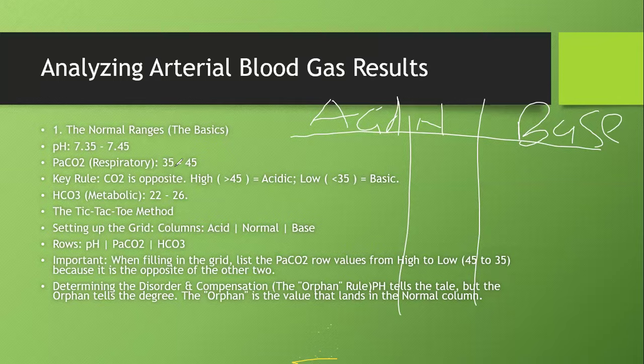Then when we say partial compensation, let me use the same example. Let's say a client is having respiratory acidosis. Carbon dioxide level is high, pH is down. Then when you check the metabolic level, you realize that it will be out of the normal range.